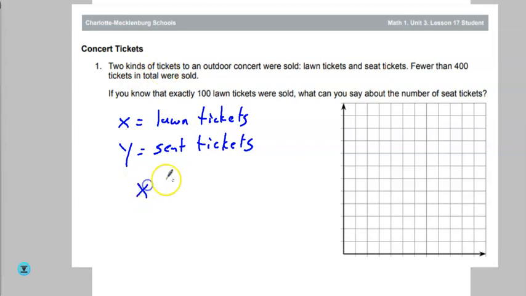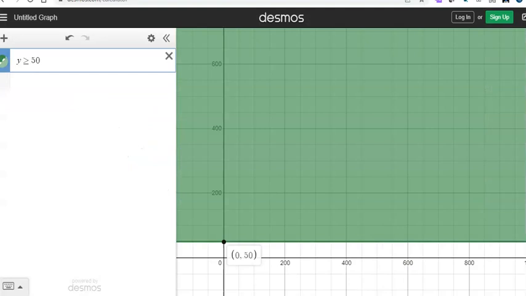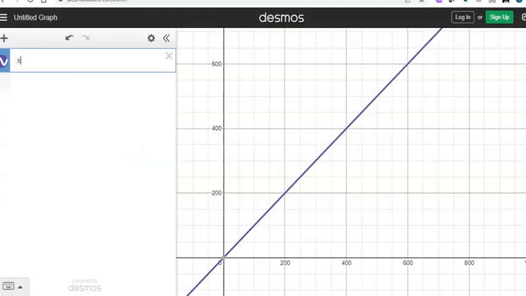So we don't know how many of each type, but if we add them together, we know it's fewer than, not equal to, so it's just less than 400. And if this is lawn, this is seat tickets, we're going to do X plus Y has to be less than 400.